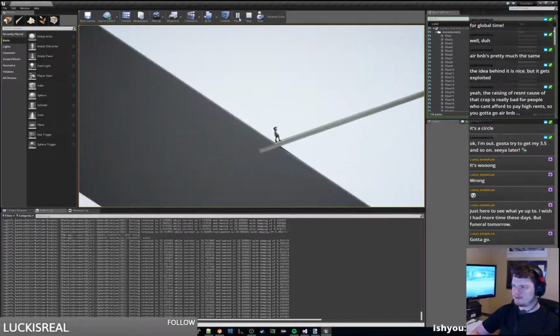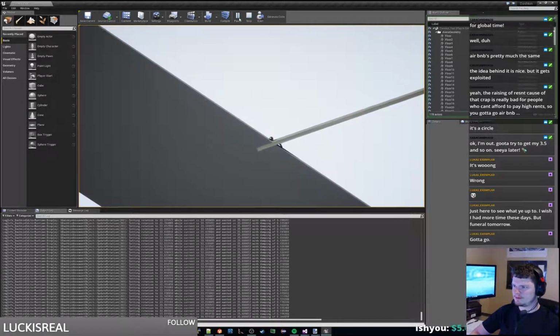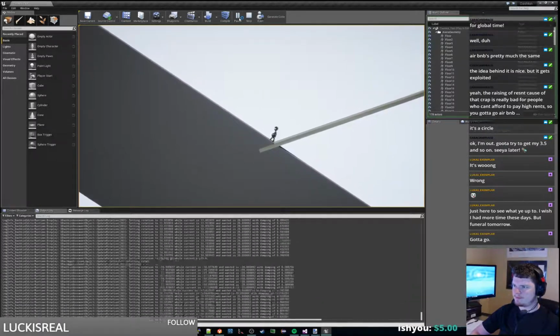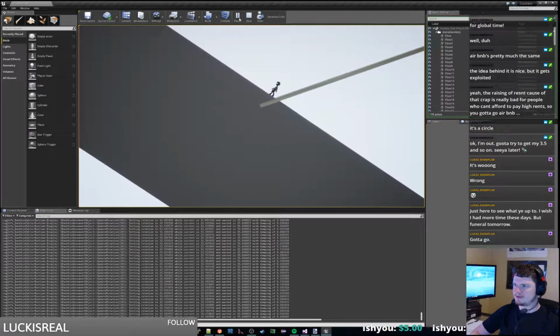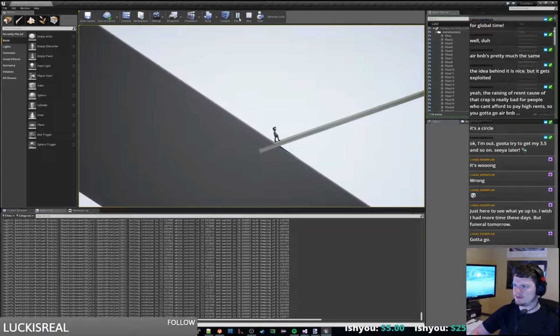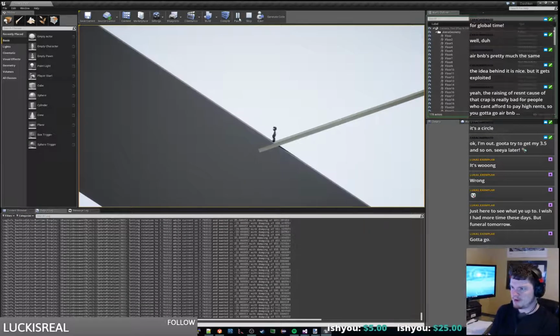Alright, so I want to make sure our damping works, and that when we hold that down key, it fixed our angle. So let's make sure this doesn't just freak the hell out here.